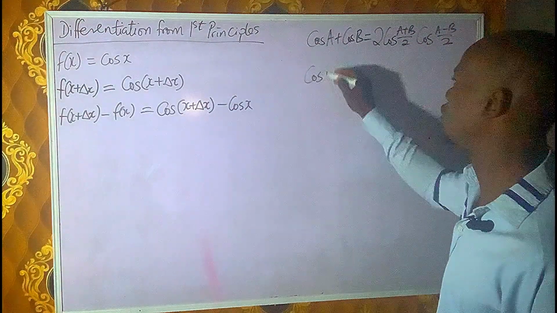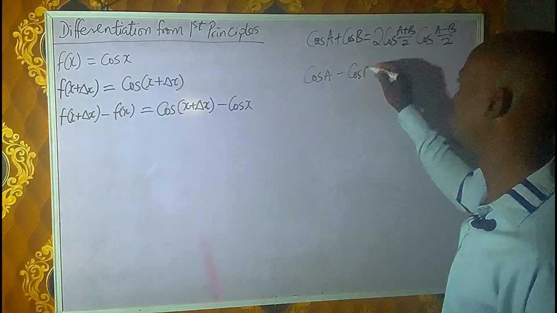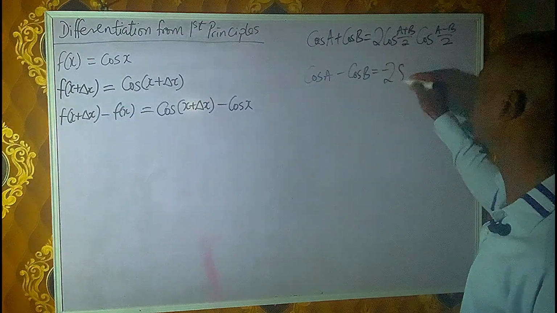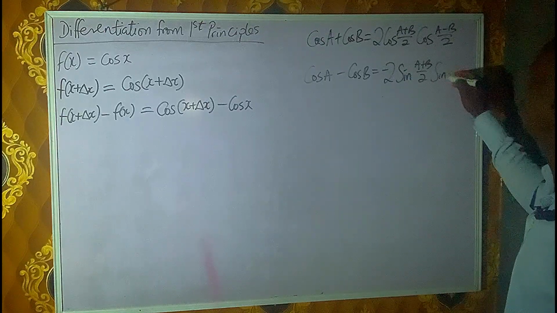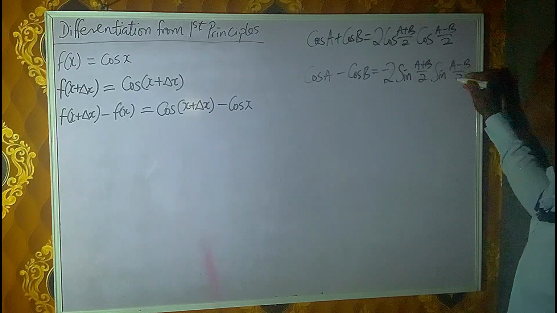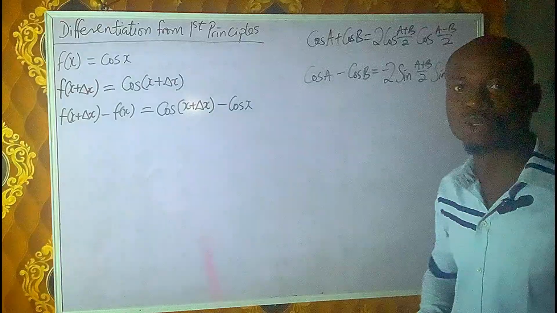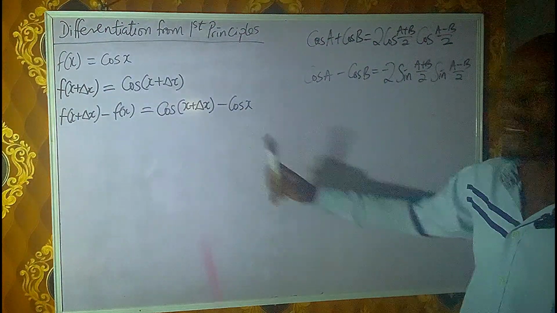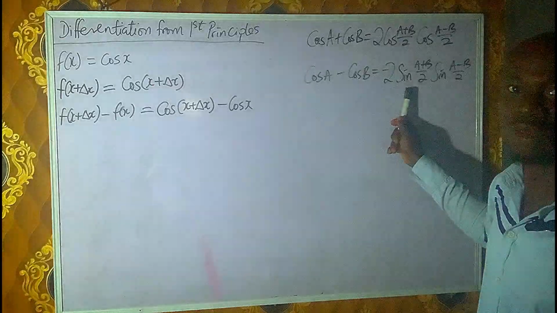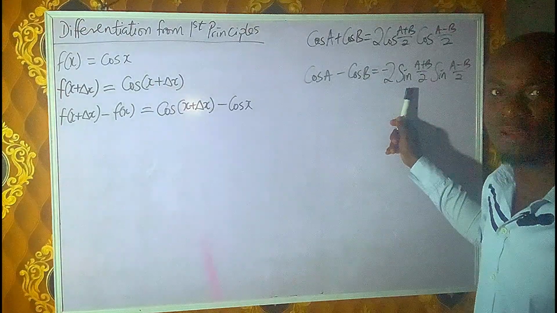While cos A minus cos B says we have minus 2 sine of (A plus B) over 2 times sine of (A minus B) over 2. So these are the two other addition formulas that we need to know. And in this case, we are dealing with minus. So we are going to be using the second one that has to do with minus.